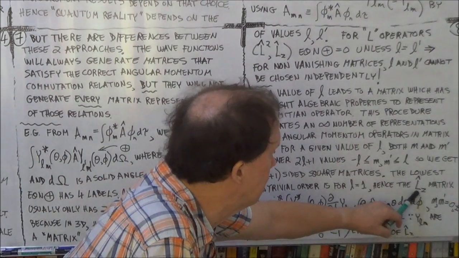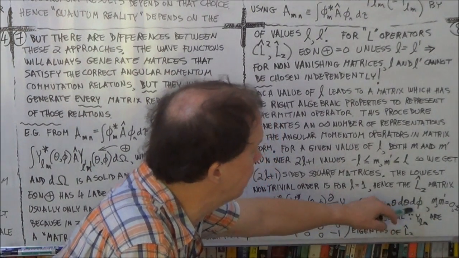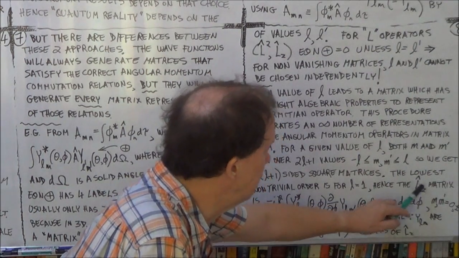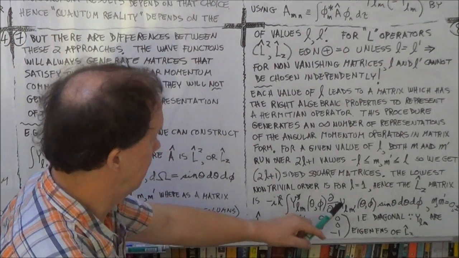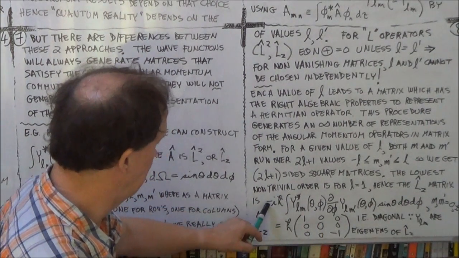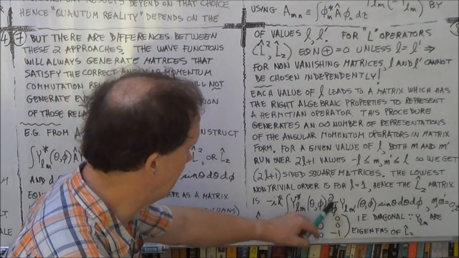Let's choose for the operator A hat the z component of the angular momentum, so L_z hat. Now L_z hat was -i h bar d/d phi. So plug that in here.